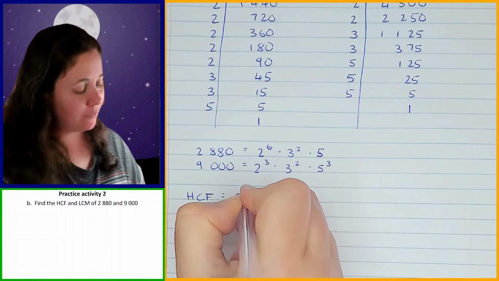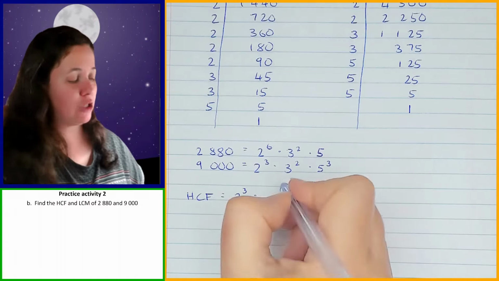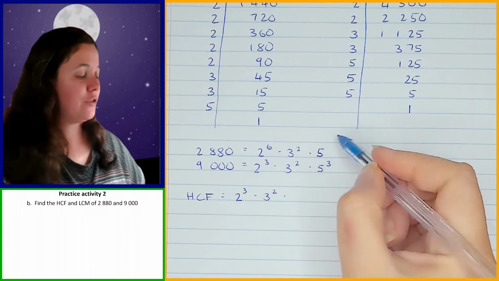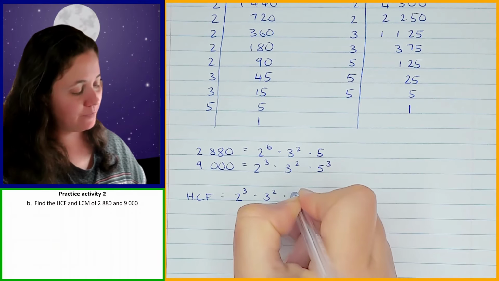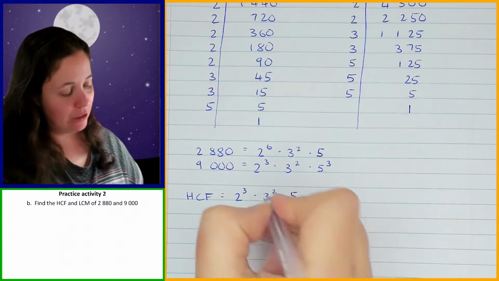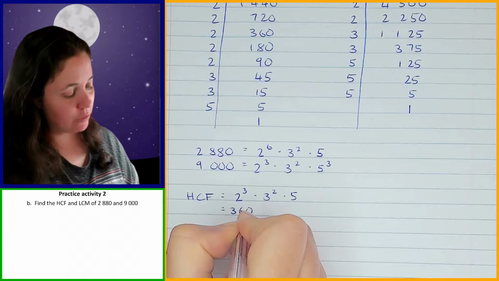So it's going to be 2 to the power of 3 multiplied by 3 squared, since the 3 squared is the same, multiplied by 5, since 1 is the smallest exponent. If you work that out, it should give you 360. So that's what you should have got for the highest common factor.